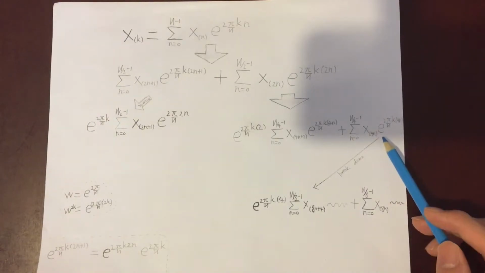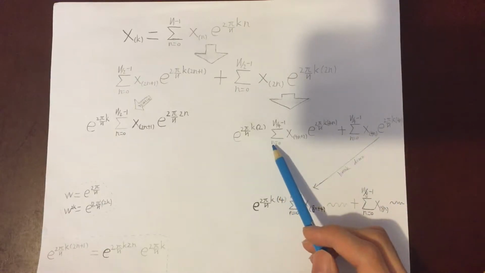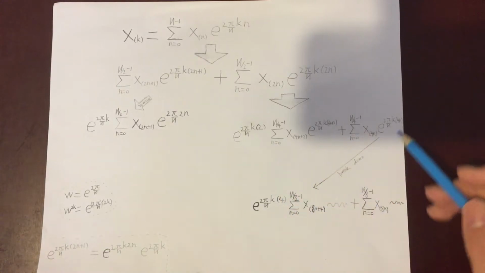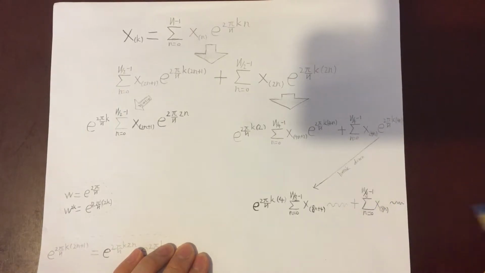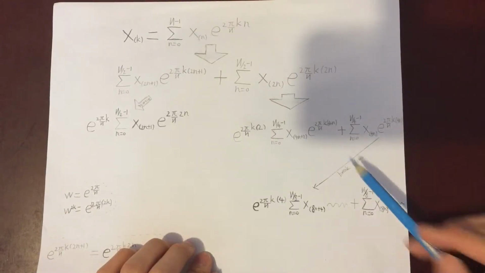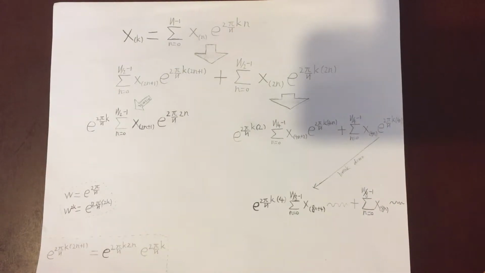Since this term that has no twiddle factor and this term that has the twiddle factor, their e to the 2 pi over capital N something is the same as each other. This part is the same as this part. You can confirm it by breaking them all down individually.